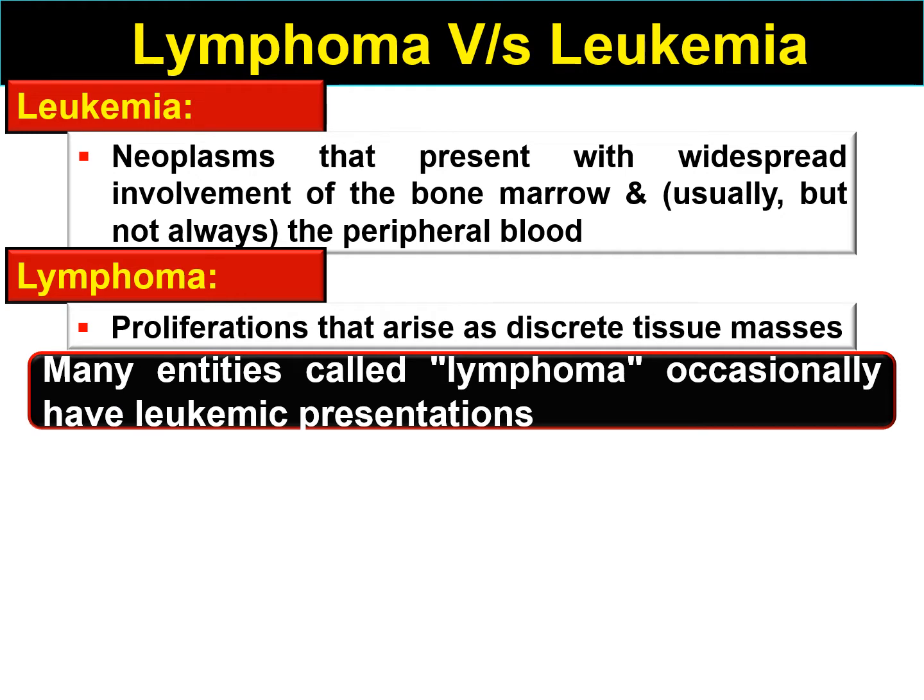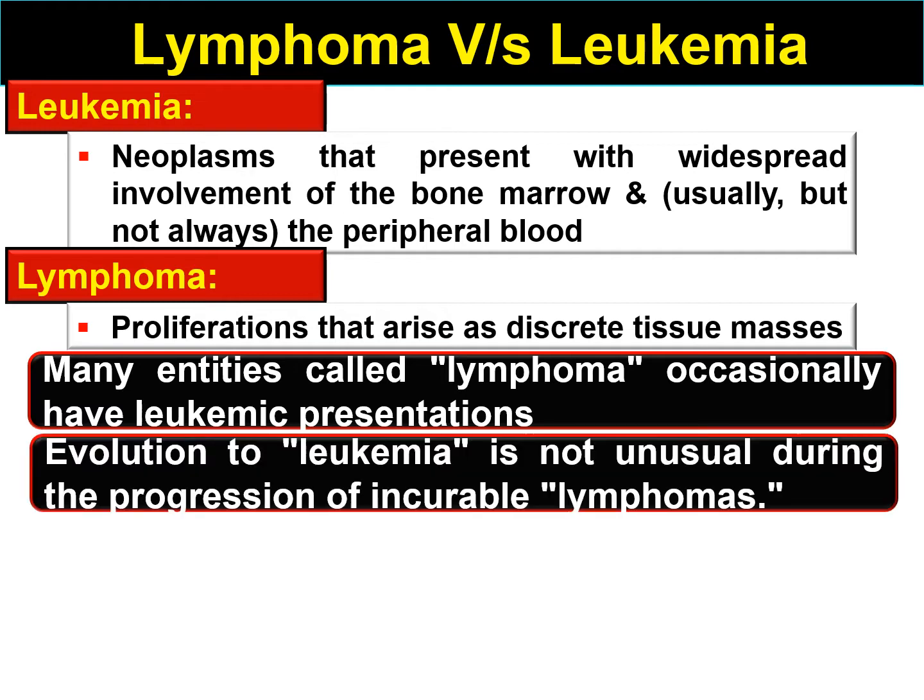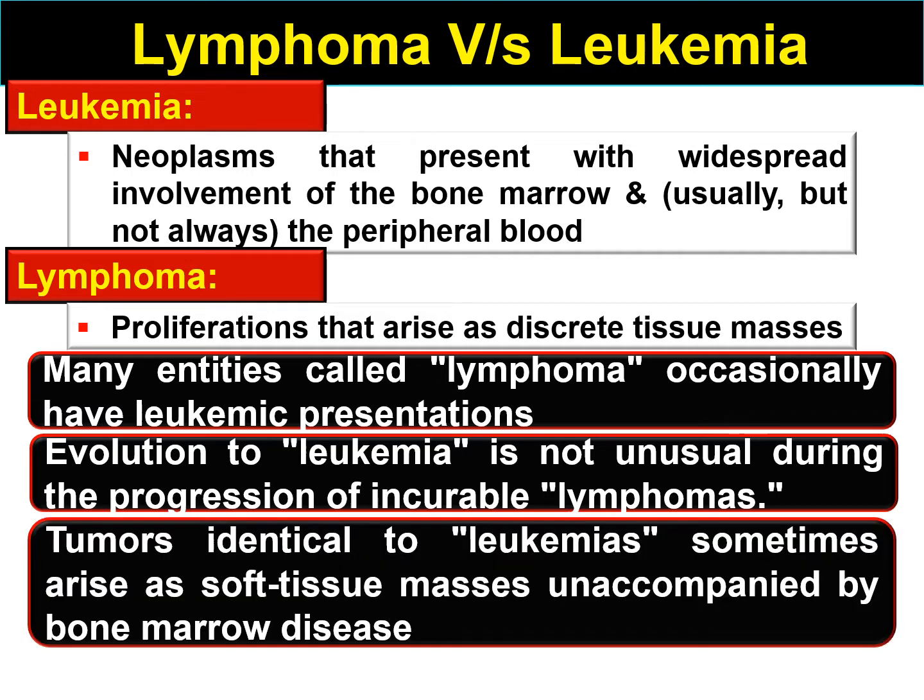But many entities that are called lymphoma may have a leukemic presentation, or evolution to leukemia is not unusual when a lymphoma progresses, or tumors identical to leukemias arise as soft tissue masses that don't show any accompanying bone marrow disease.